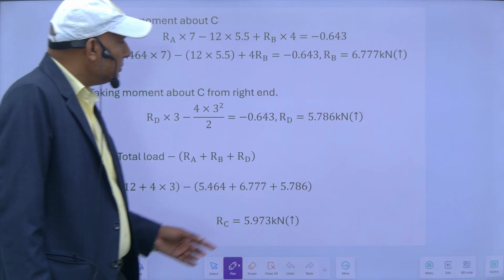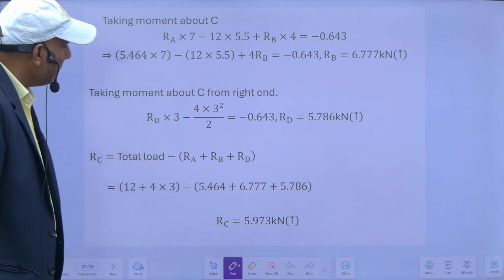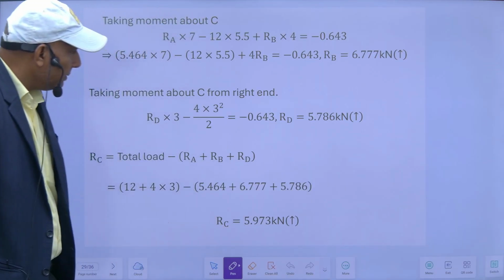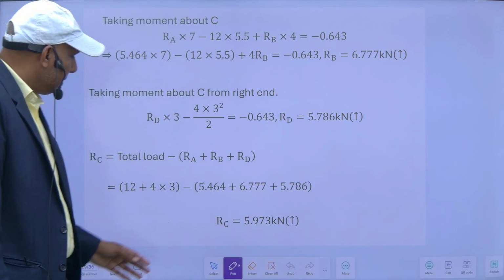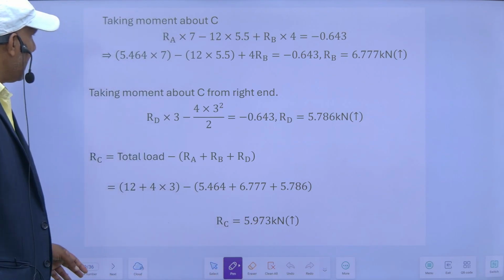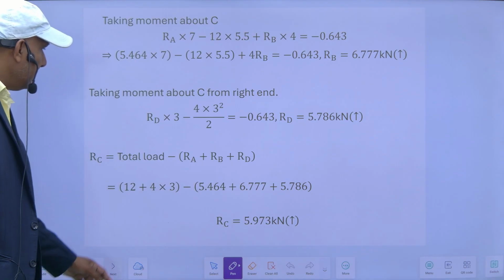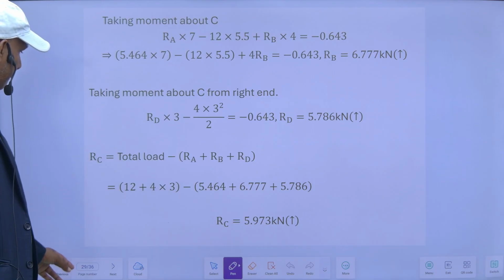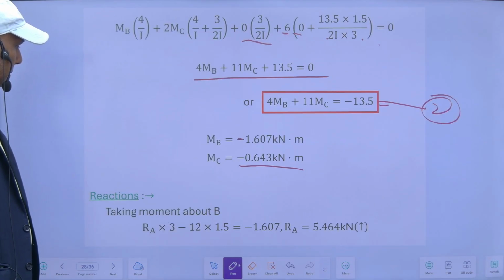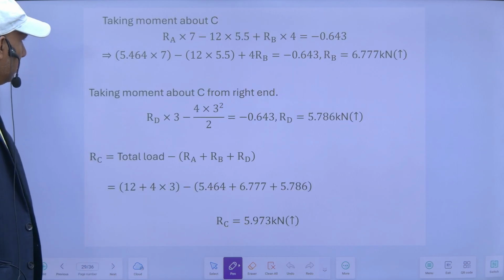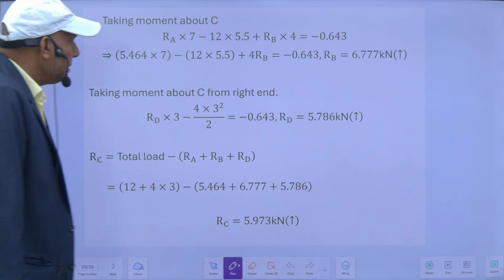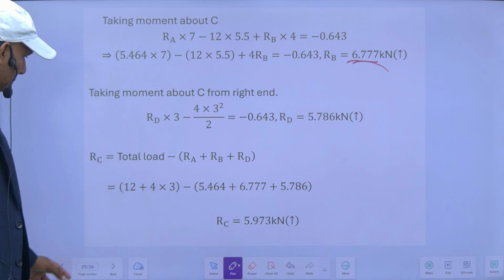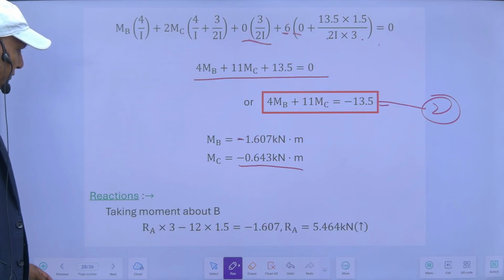RA is equal to 6.77 kilonewton upward, RD is equal to 5.786 kilonewton upward, and RC is equal to this one, and RB is equal to this one. So these are the values.